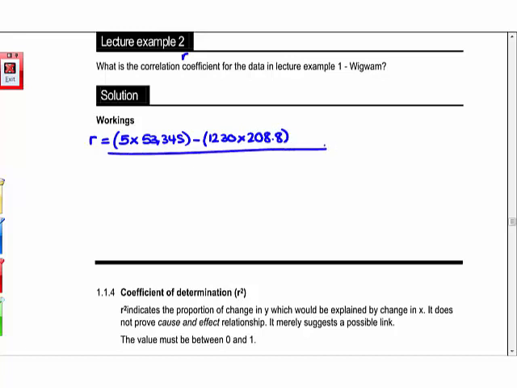And we need to divide that by the square root of 5 times by the total of the X squared column minus the total of the X column squared, and then we need to multiply all of that by 5 times by the total of the Y squared column, which is 8,924.20, minus the total of the Y column squared.